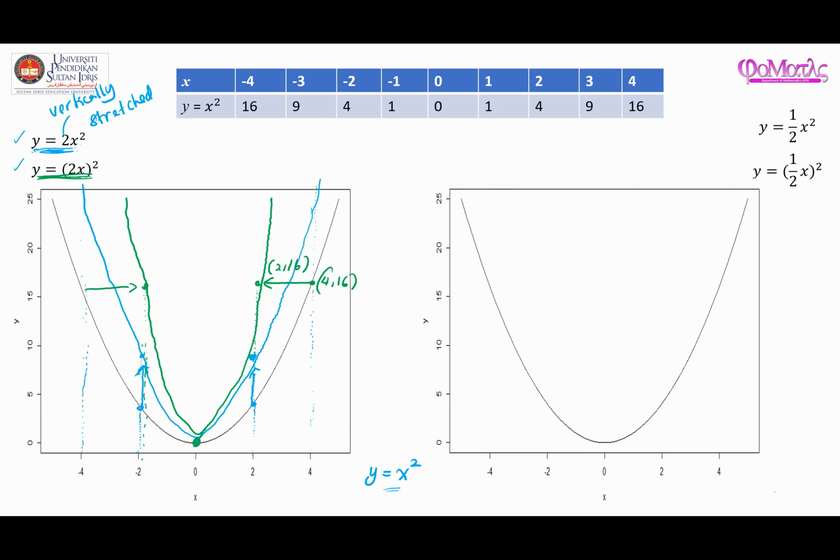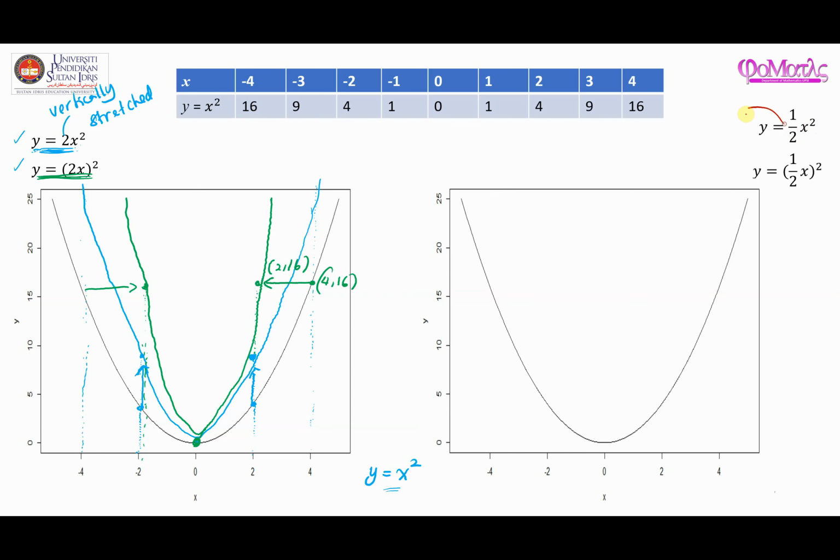Now let's look at the next example here. In the next example, you have y is equal to half x squared. Notice that 1 over 2 here is outside the original function.